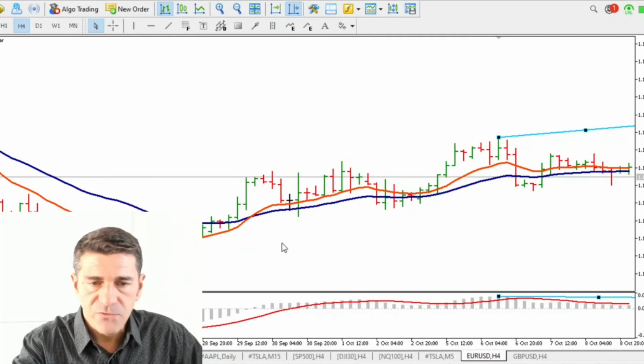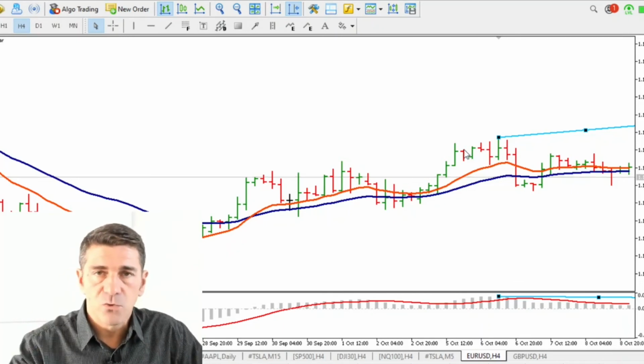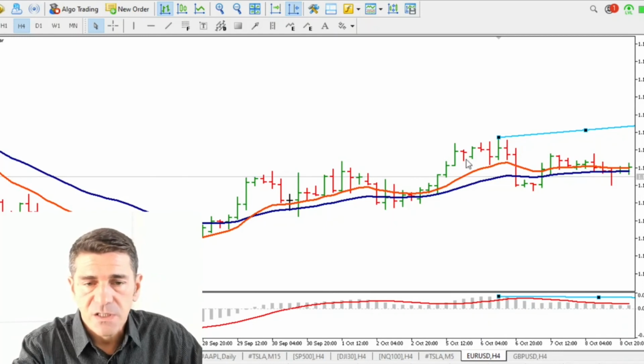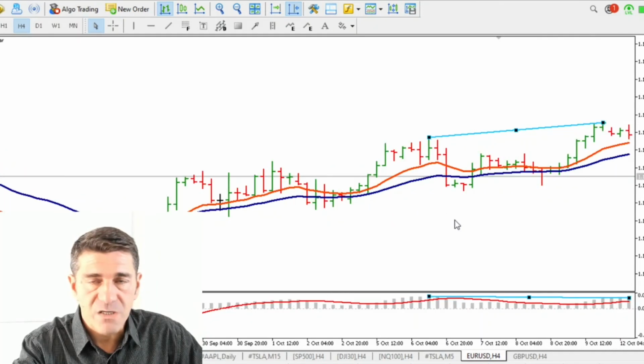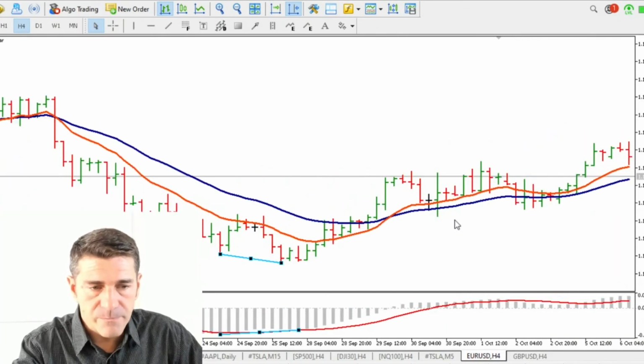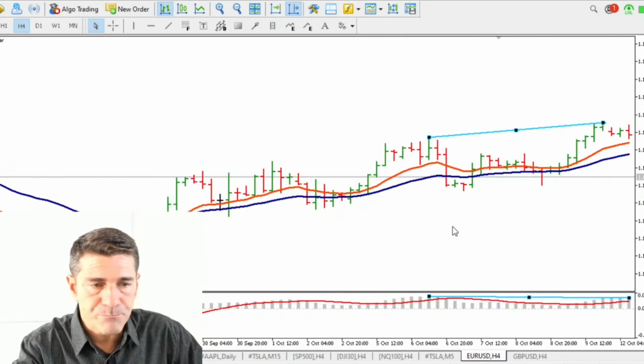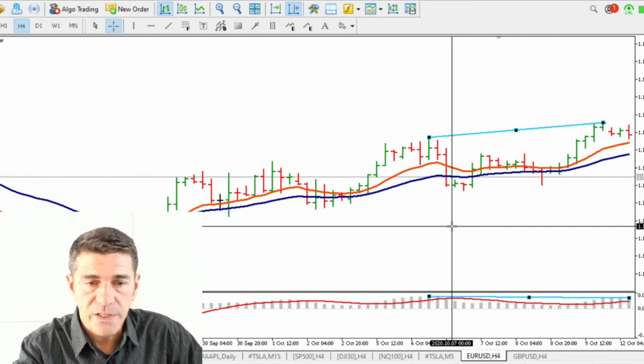If the market is moving just sideways, just up and down without any clear direction, then if you use this indicator, pay attention that it is going to give you some false signals. So be aware of this and use this indicator correctly.